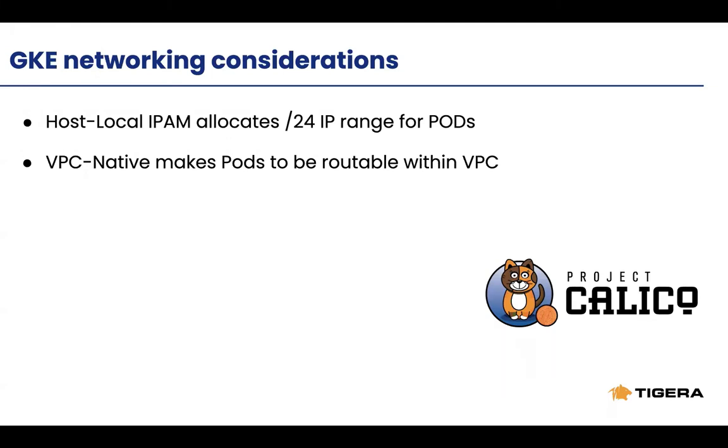And VPC-native configures the pod IPs to be routable within the VPC, so you can access any pod using its IP within that VPC. If the pod network is not routable, then the only option for you to access the pods is to use the Kubernetes service, so that traffic is routed through kube-proxy and can be successfully routed to the pod after that.